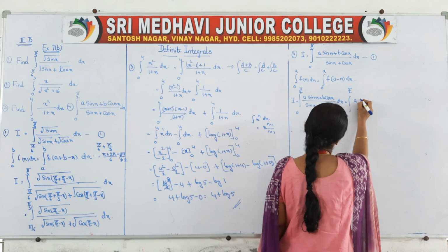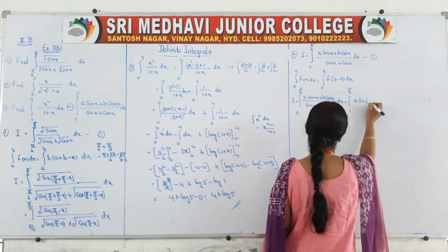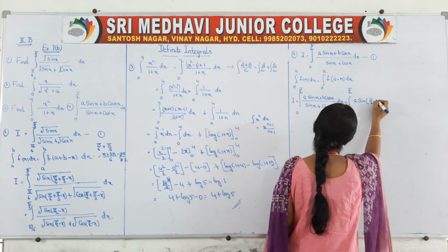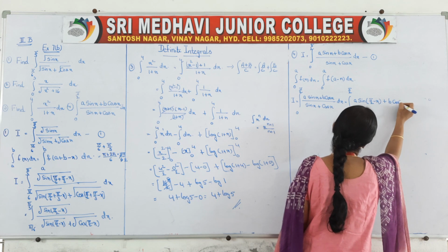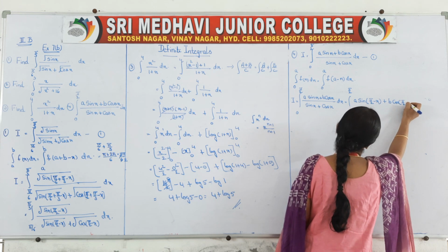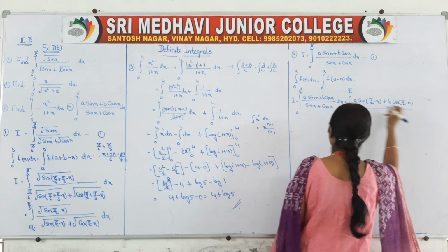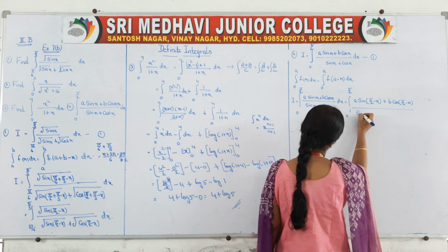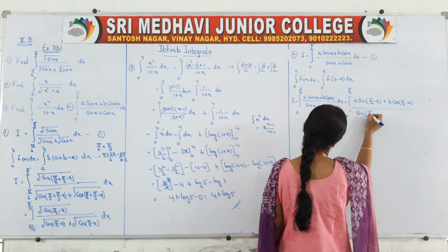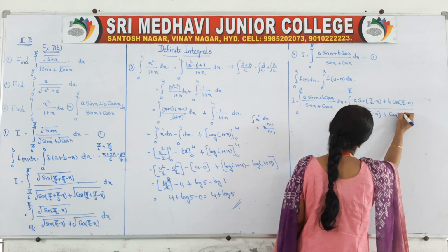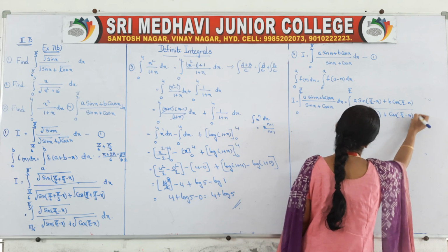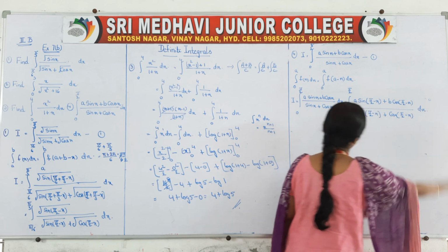So we write a into sine of (pi by 2 minus x) plus b into cos of (pi by 2 minus x), divided by sine of (pi by 2 minus x) plus cos of (pi by 2 minus x), dx.